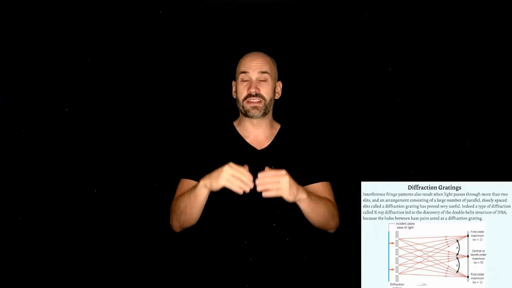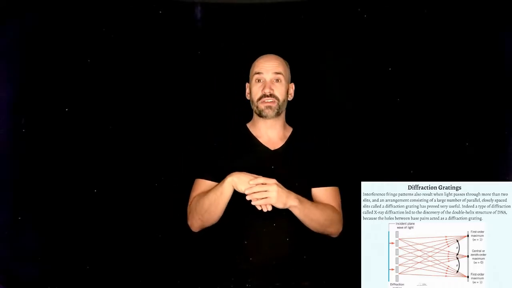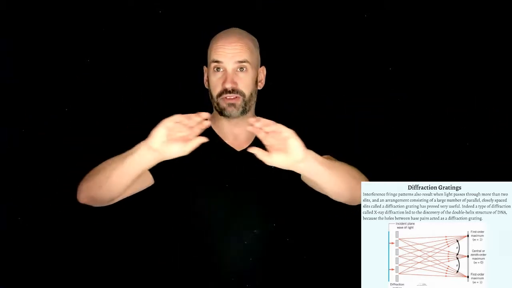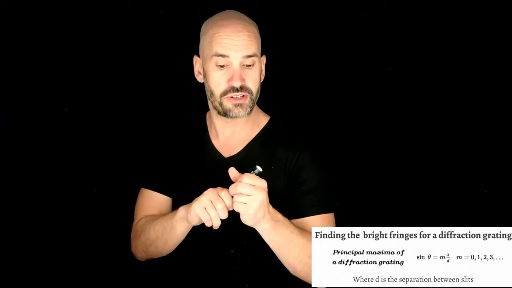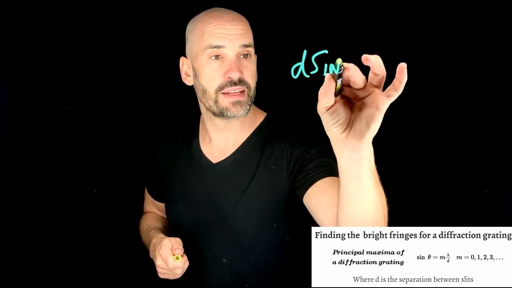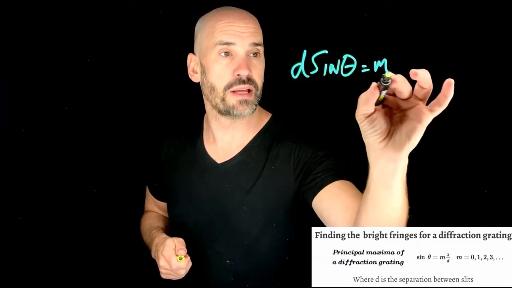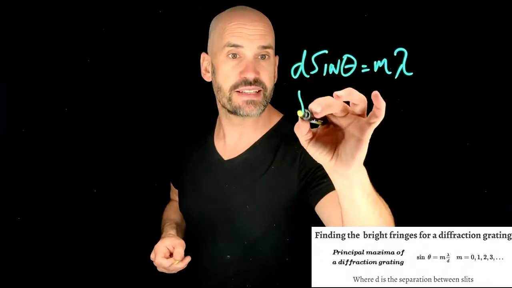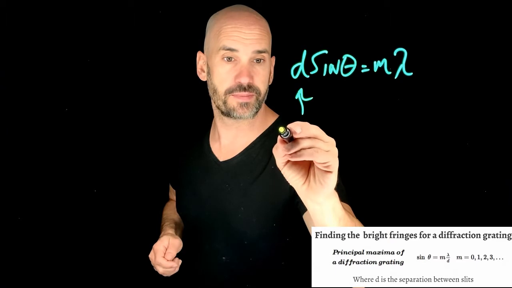And just like with single slit diffraction, you will see this diffraction pattern on the wall with dark and bright fringes. If you go to the slide that says finding bright fringes for diffraction, you're going to see another similar relationship: d sine theta equals m lambda again for a diffraction grating, where d is the spacing between the slits.